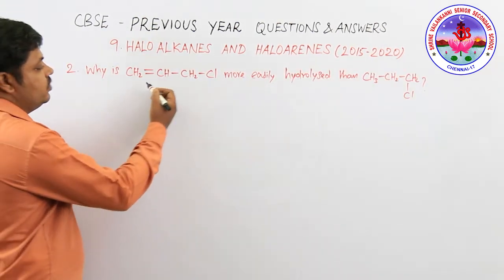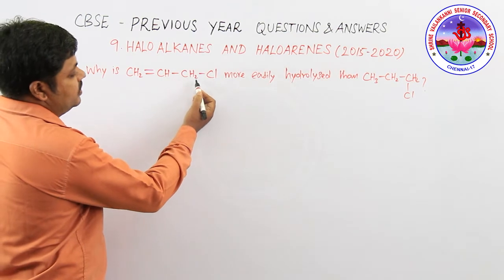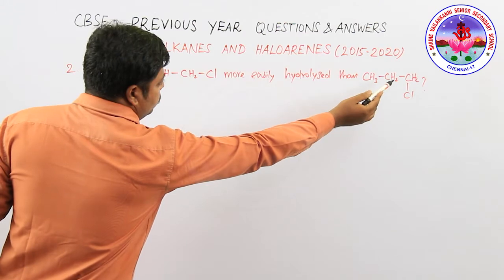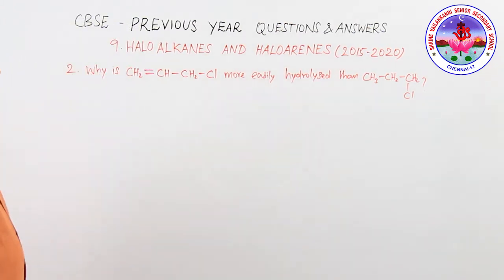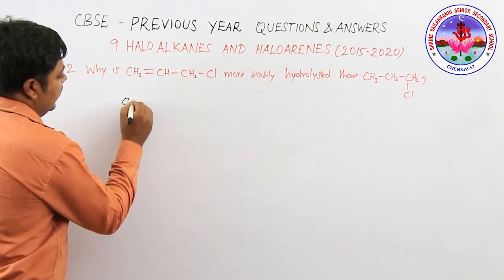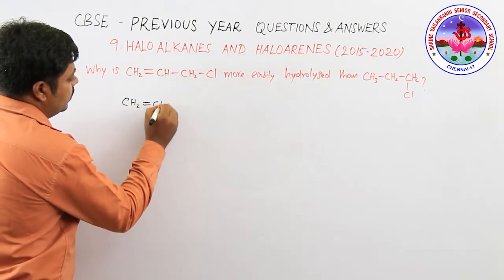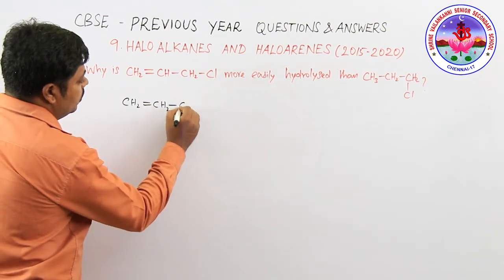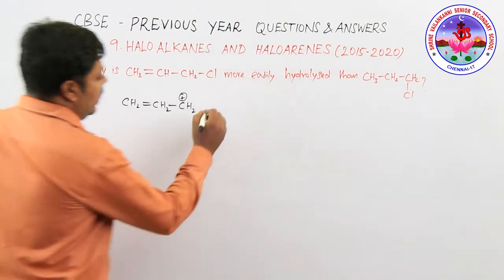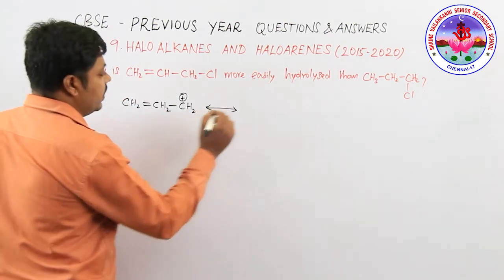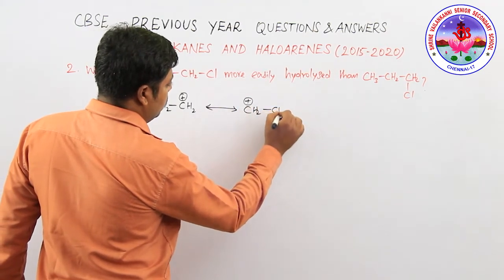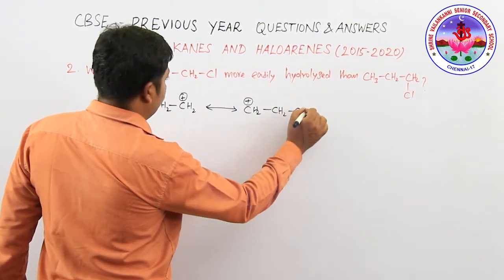Why is CH2=CH-CH2-Cl more easily hydrolyzed than CH3CH2CH2Cl? See, this compound is allyl, so CH2=CH-CH2, and this has resonance, CH2-CH=CH2 like this.